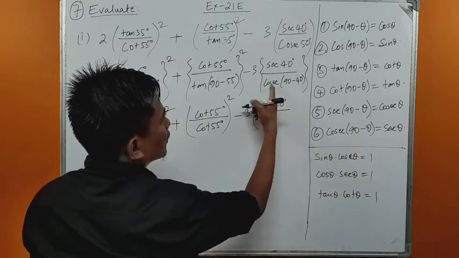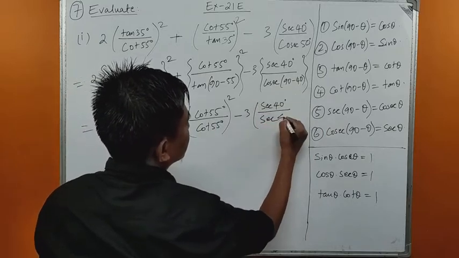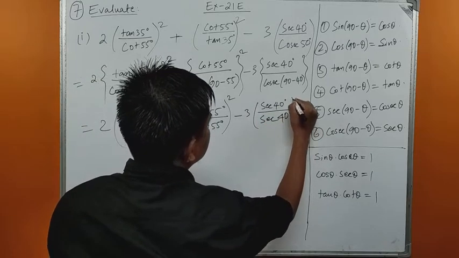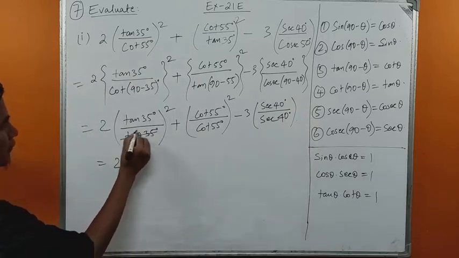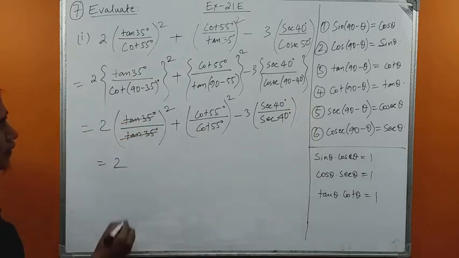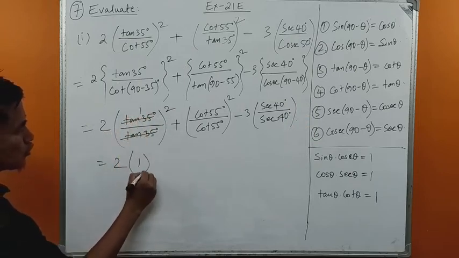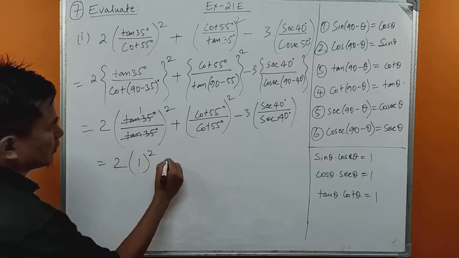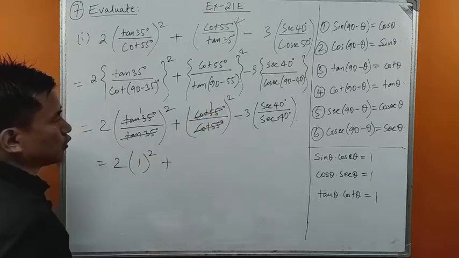So instead of cosec 90 minus theta, I write sec theta, where theta is 40 degree, the angle. So this 2 comes here, tan 35 and tan 35 can be cancelled, so 1 remains here. So this is 1 squared plus cot 55 and cot 55 can be cancelled, so 1 remains here.